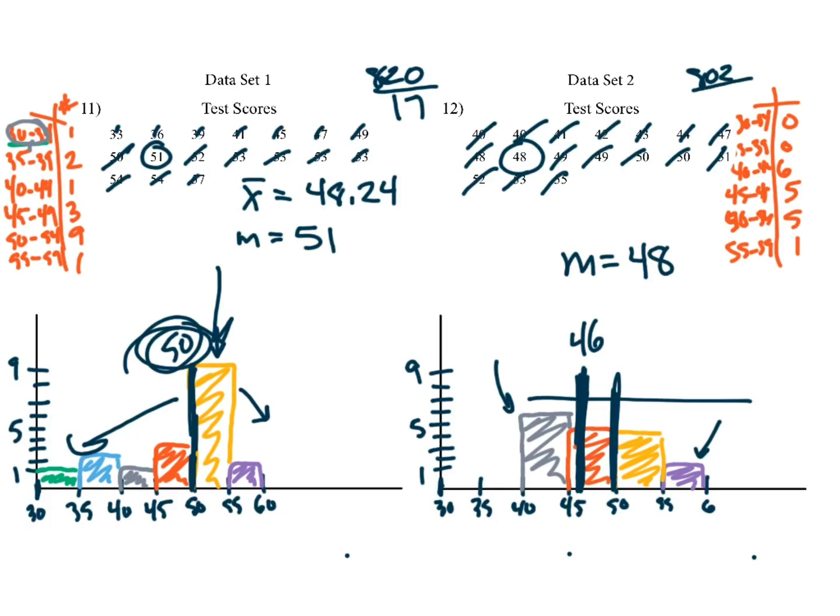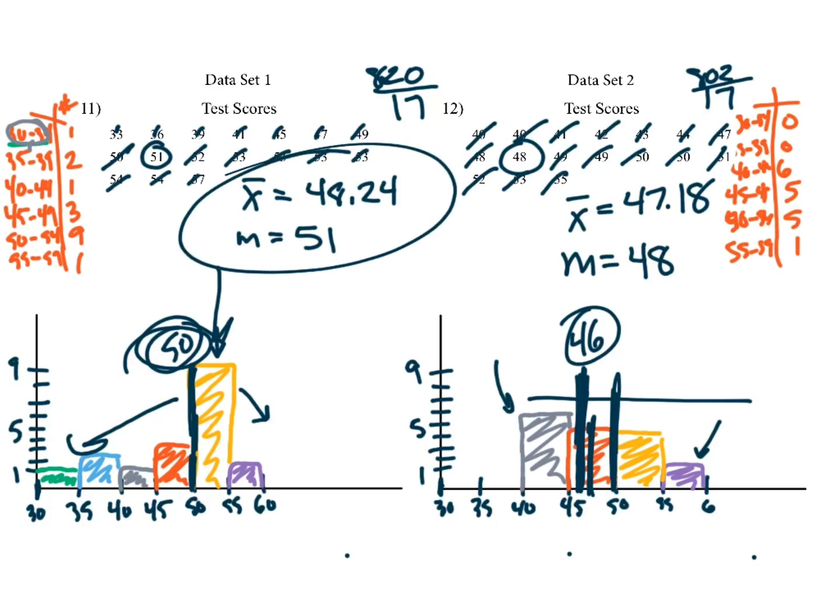And our mean, we have 17, so 802 divided by 17 gives us about 47.18. Okay, which I was actually fairly close, but a little on the low end, wasn't I? It was a little more over here. But data set 1 has both higher.